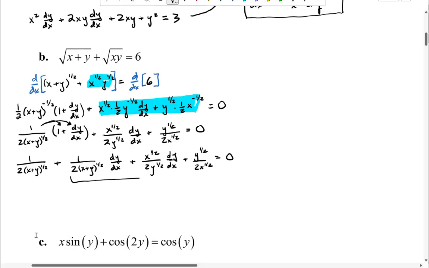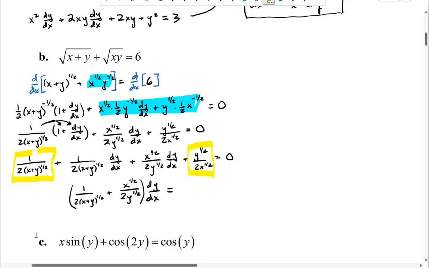Now we notice that these two terms both have dy/dx. So we're going to keep them on this side of the equal sign, and we're going to factor out dy/dx. And that's going to look something like this. Meanwhile, we have this piece here, this term, and this term here, neither of which have dy/dx.